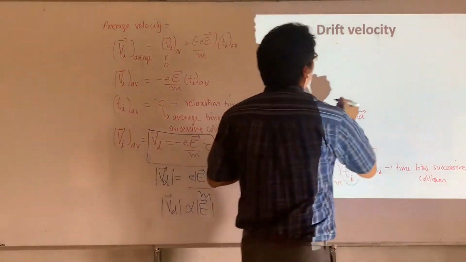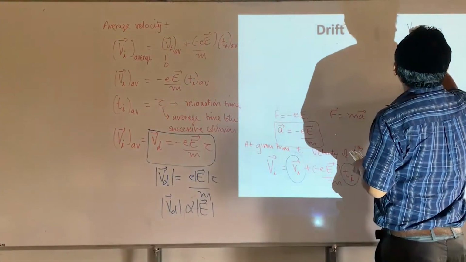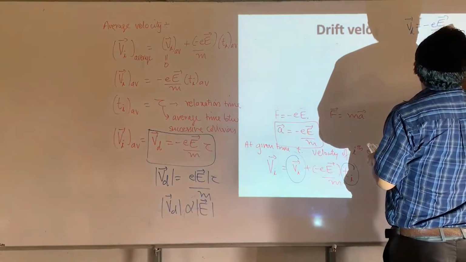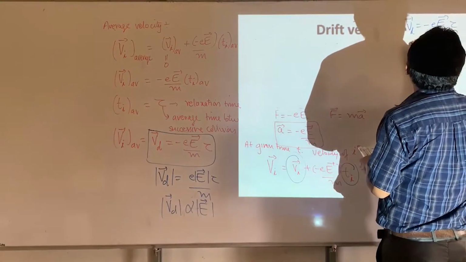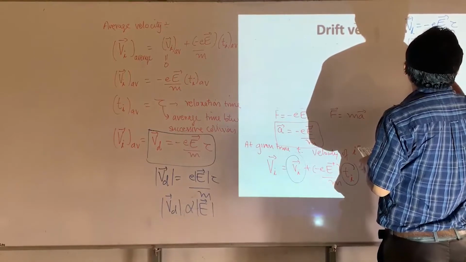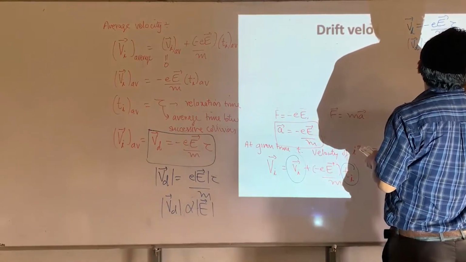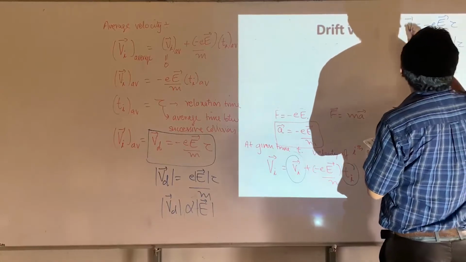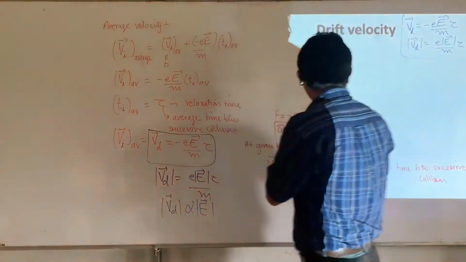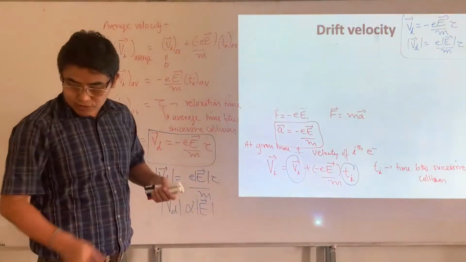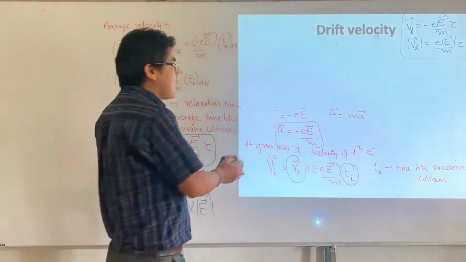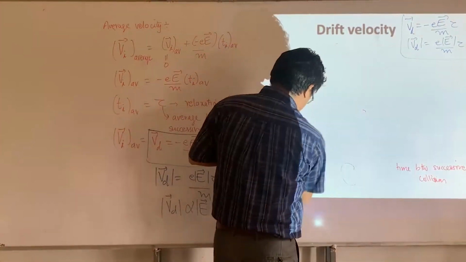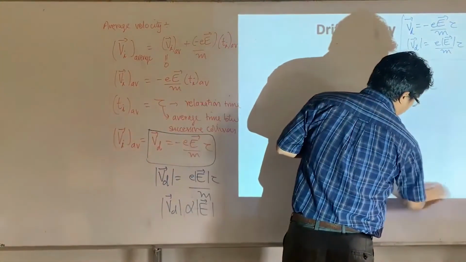Alright, so now I just write here the drift velocity: minus eEτ divided by m. This is the magnitude of the drift velocity. This is the drift velocity, the average velocity of free electrons under an applied electric field.